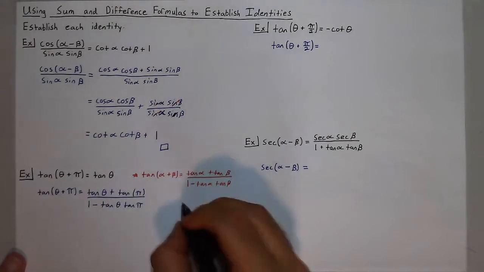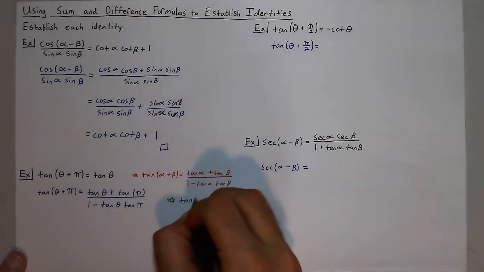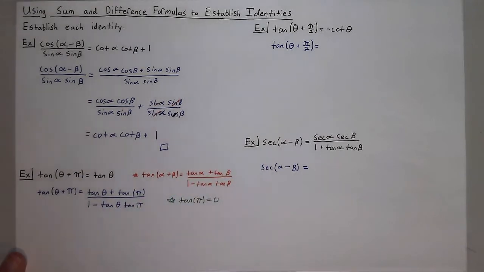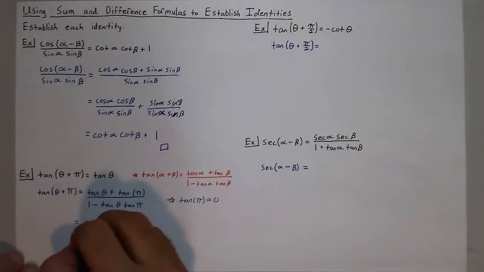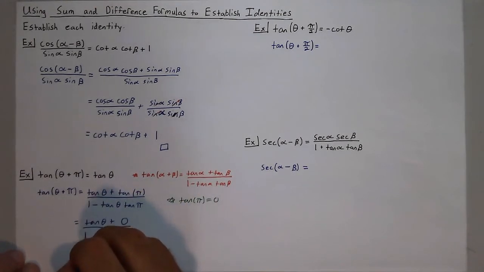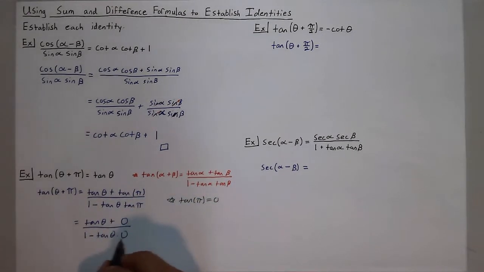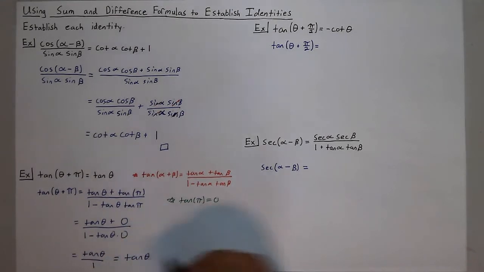Now tangent of pi is equal to 0. So now this becomes tangent of theta plus 0 over 1 minus tangent of theta times 0. That tangent of theta times 0 becomes 0, and up top I'm only left with tangent. So I'm left with tangent of theta over 1, which is just tangent of theta. That proves where that identity comes from as well.